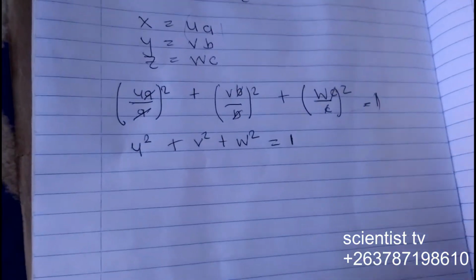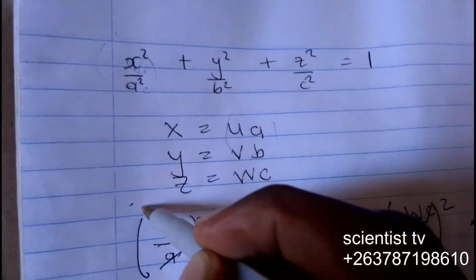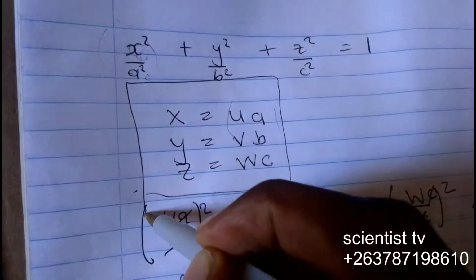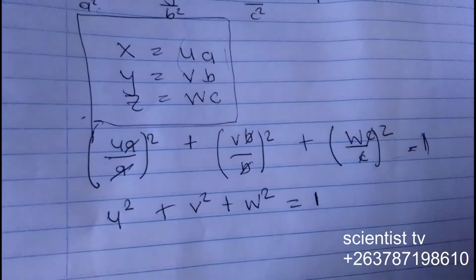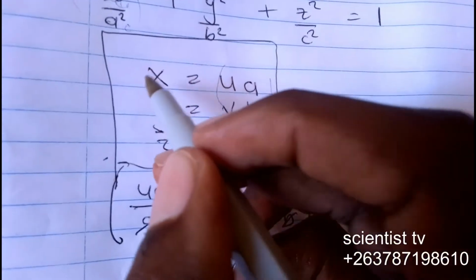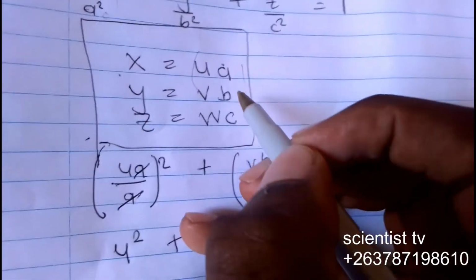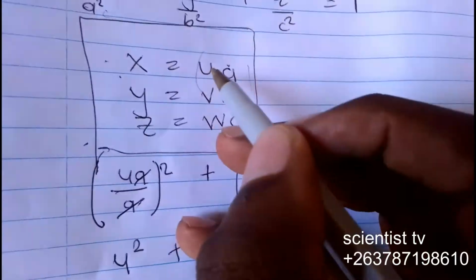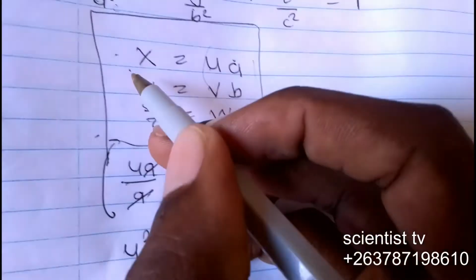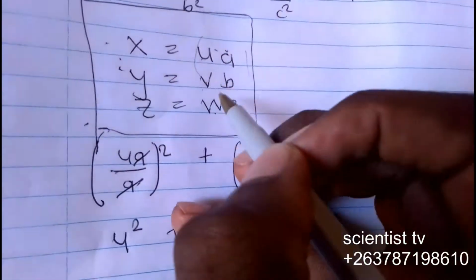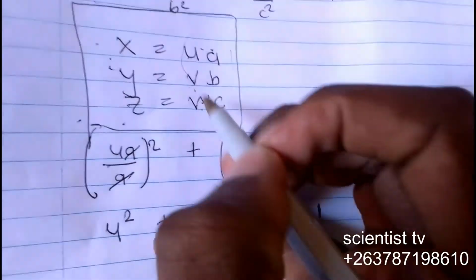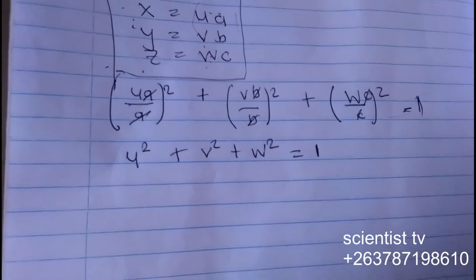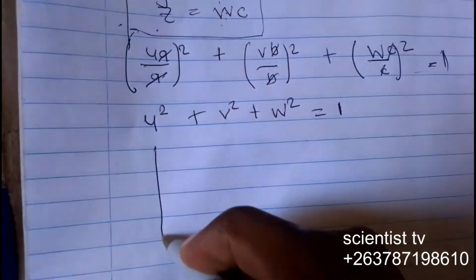Remember, this is our substitution. Now for the Jacobian transformation, we have to differentiate x in terms of u, in terms of v, and in terms of w. It's a partial derivative in terms of u, v, and w, and y also in terms of u, v, and w, and z in terms of u, v, and w, and we have to find the determinant of those.